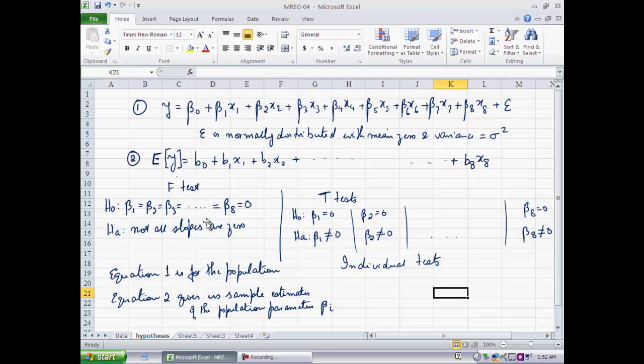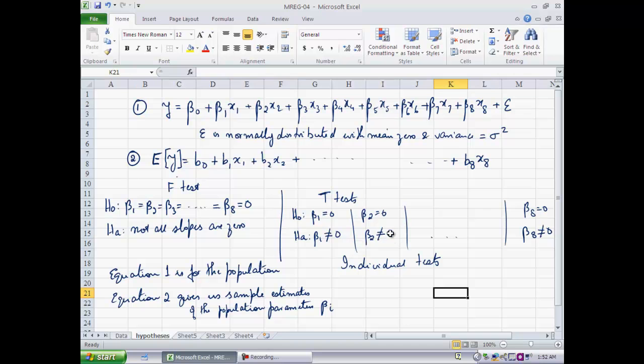Once we have concluded that yes, we can reject the null hypothesis that all the slopes are 0, then we drill down and see how each independent variable is doing. For each independent variable, we have a null and alternate hypothesis. The null hypothesis is that the slope corresponding to that independent variable is 0. The alternate hypothesis is that the slope for that independent variable is not 0.